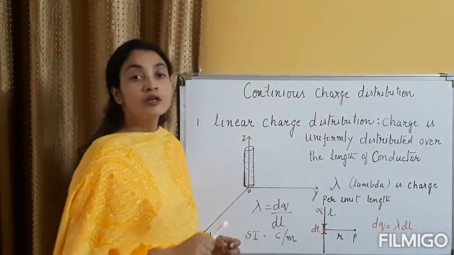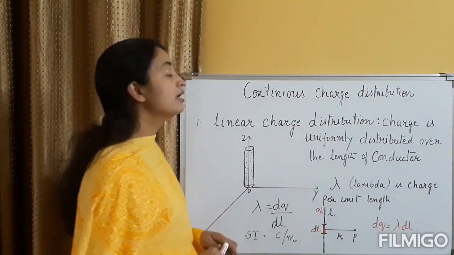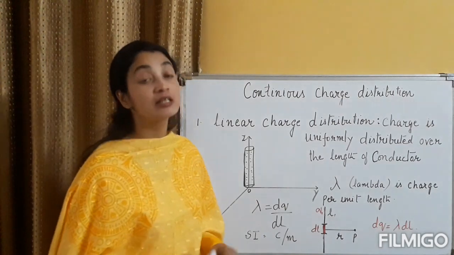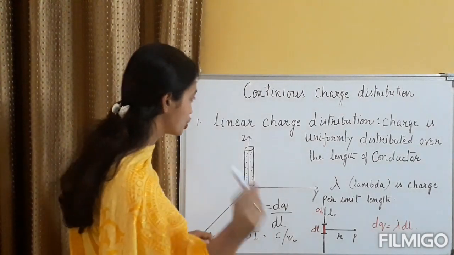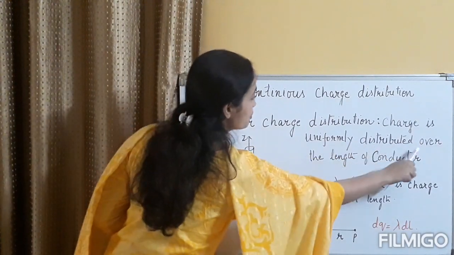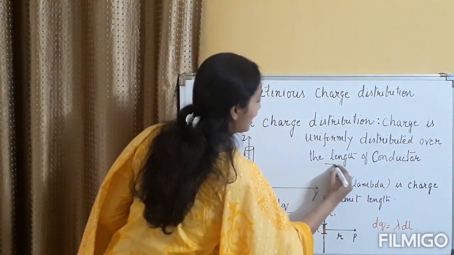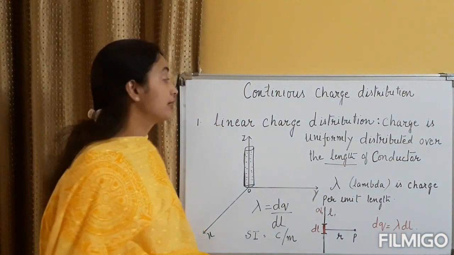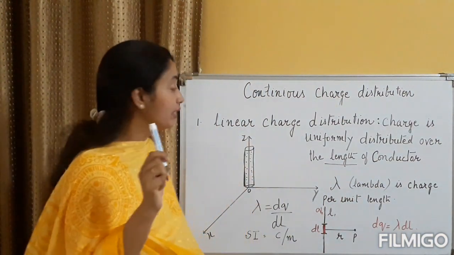First we will take into account linear charge distribution. From the word itself you can get it, it is a one-dimensional charge distribution, where charge is uniformly distributed over the length of the conductor. Over the entire length of the conductor, charge is uniformly distributed.